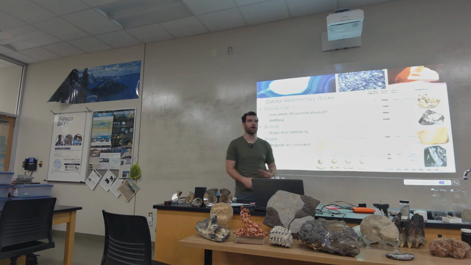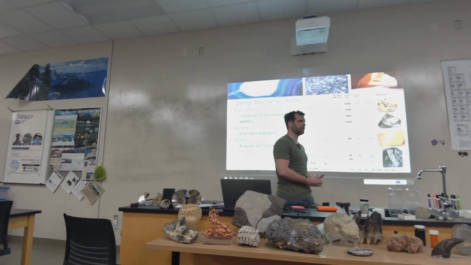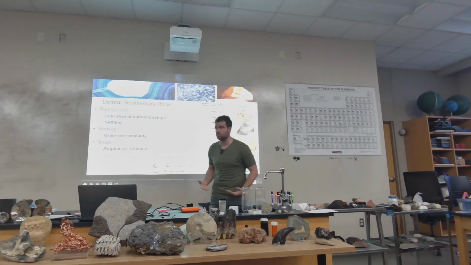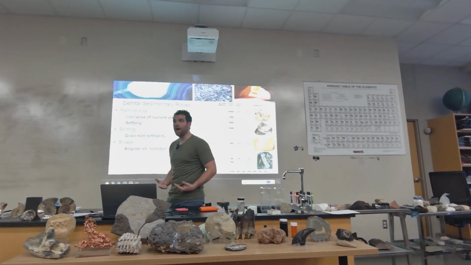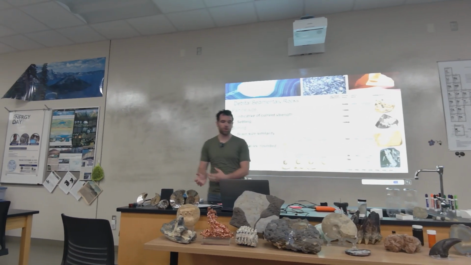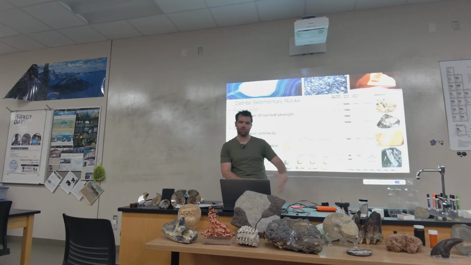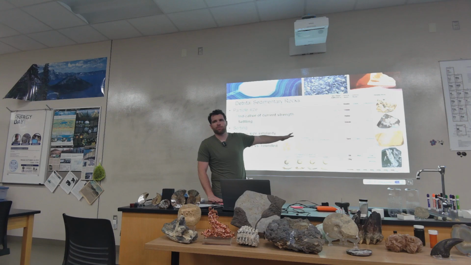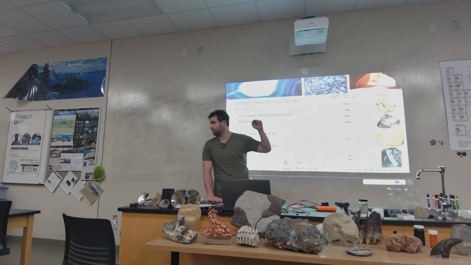The more round they are, the more weathered those grains were before they became part of the rock, which can tell me something cool like how far that sediment came, right? How long did it travel before it was ultimately deposited there? Or how long was it swished and washed around in this place before it was ultimately deposited? All of these give us valuable information that we can interpret about environment. Okay?